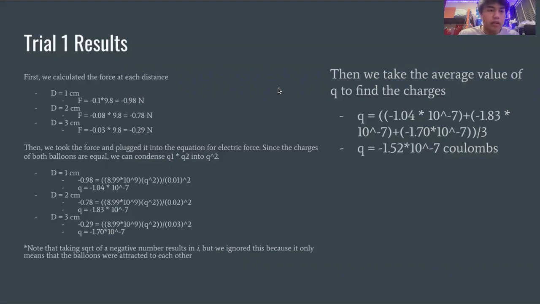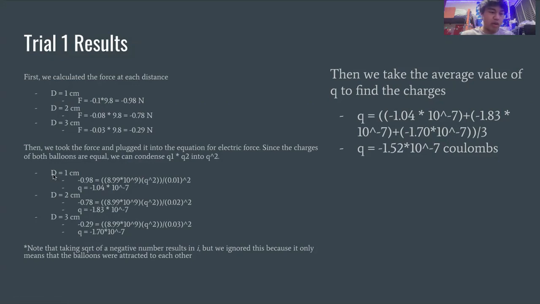So for the results that we got for trial 1, the way we analyzed it was for each distance, which was 1 centimeter, 2 centimeters, and 3 centimeters, we took the change in weight, and then we multiplied that by the acceleration of the Earth or gravity, to calculate force. And then once we got force, we plugged that back into the equation for electrical force, for each distance.